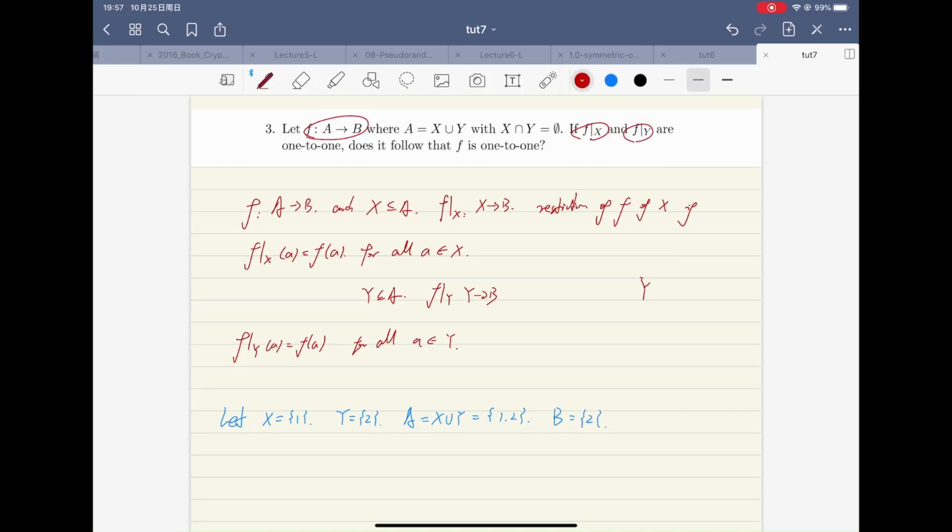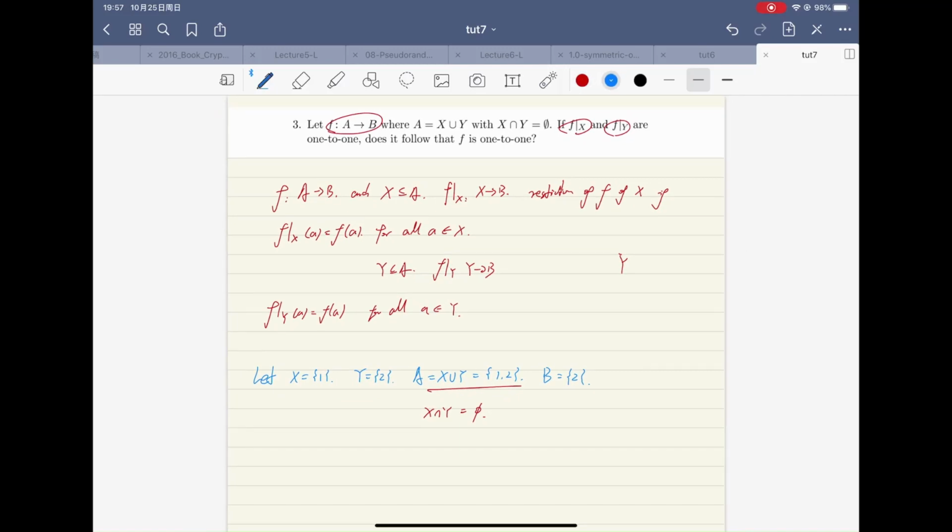And here we can verify that X intersects Y is the empty set. Then the range of f should be the ordered pairs (1, 2) and (2, 2), right? Because 1 must map to 2, and 2 must map to 2. We have (1, 2) and (2, 2) here.